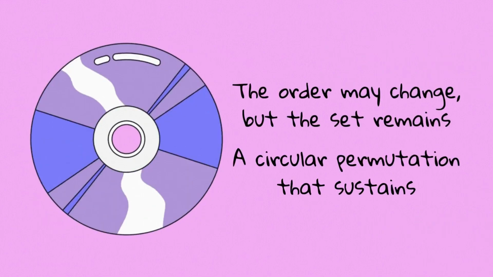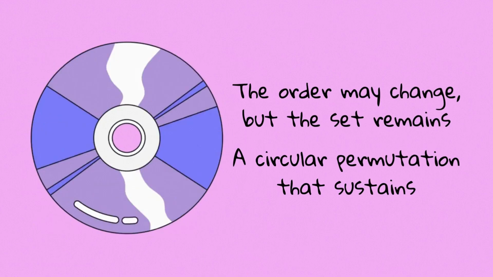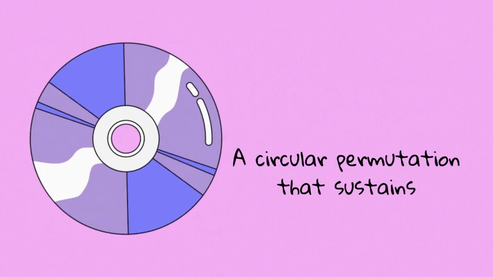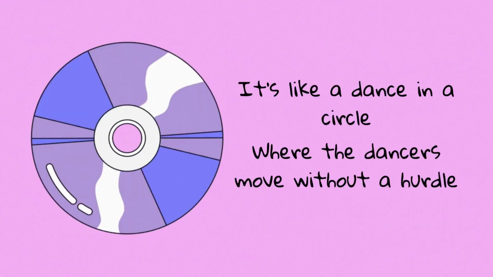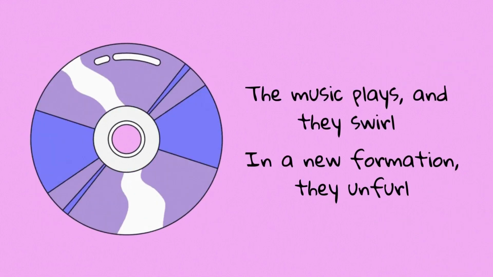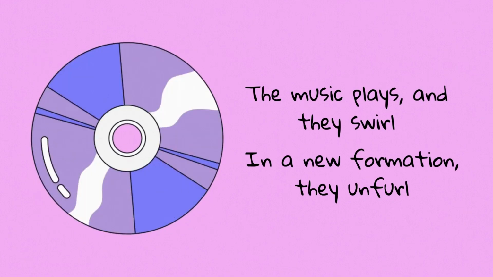The order may change, but the set remains a circular permutation that sustains. It's like a dance in a circle where the dancers move without a hurdle. The music plays and they swirl in a new formation they unfurl.